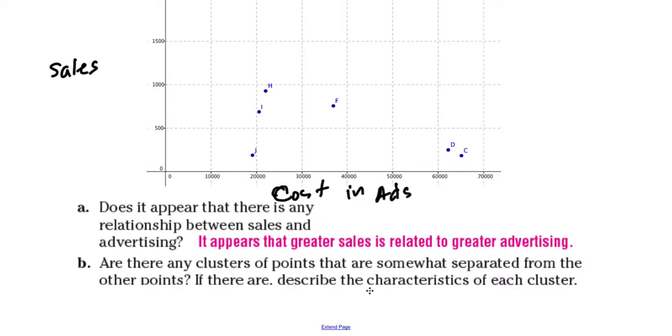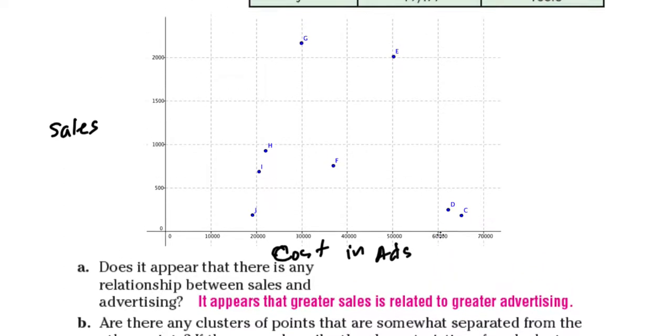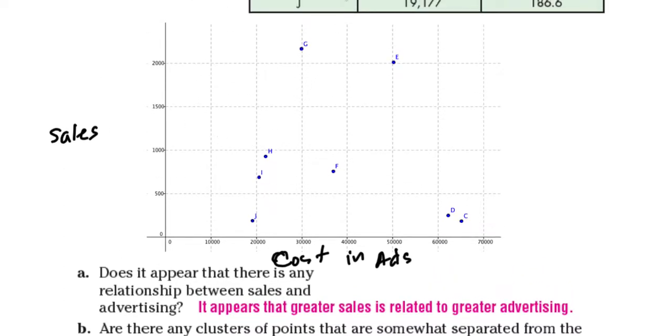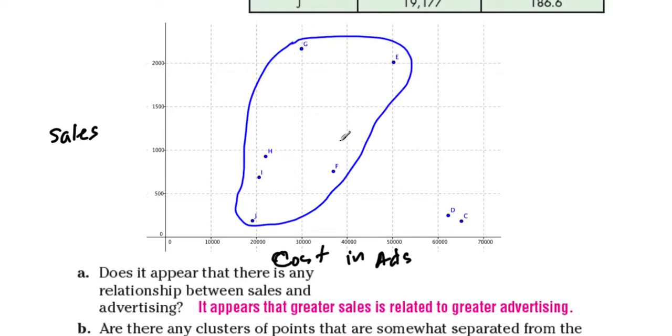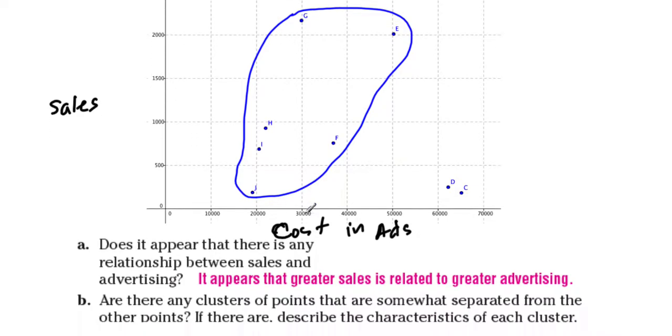Are there any clusters of points that are somewhat separated from the other dot points? If there are, describe the characteristics of each cluster. If you notice this cluster right here, these are very related to each other, since as the sales go up, your cost in advertising also goes up.